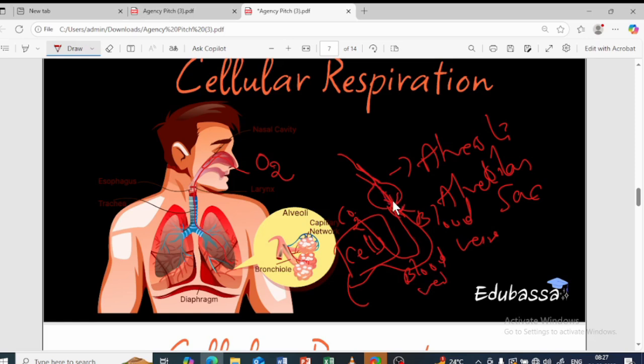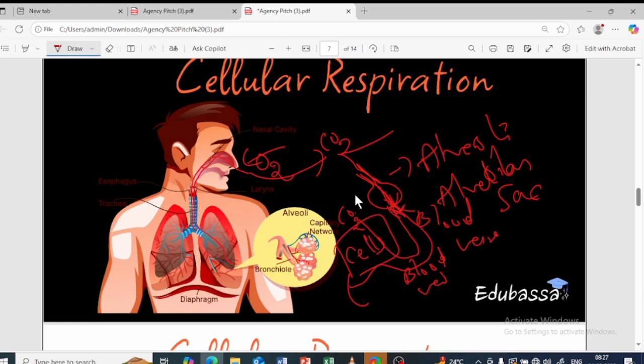Here it enters the bronchioles, goes to the bronchi, then from the windpipe it goes, and finally to the outside. Oxygen will be entering, carbon dioxide will be removed out of the body. I hope it is clear.